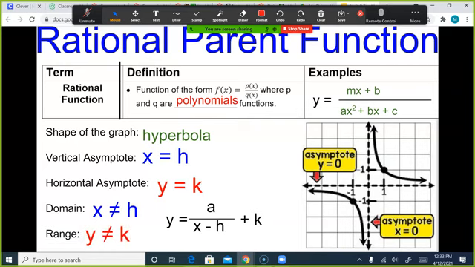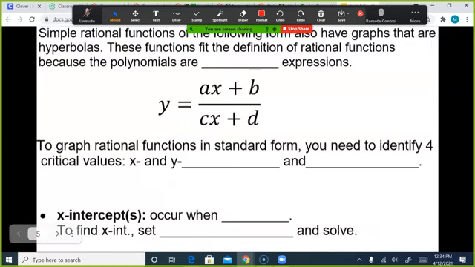Nothing you have to write down right now. Just reviewing everything from last week as far as graphing, because we're going to have the same graph today, but we're going to be looking at a different form. So we'll be able to get the asymptotes looking at something different, and we'll be able to get the intercepts looking at something different.